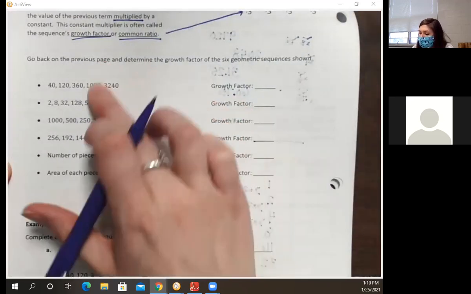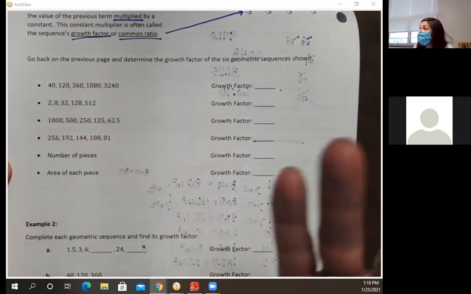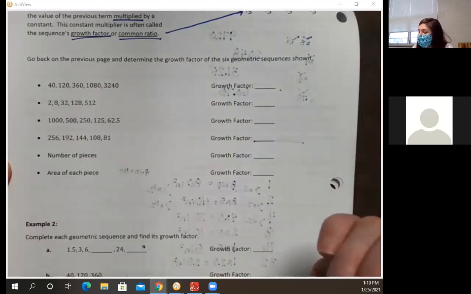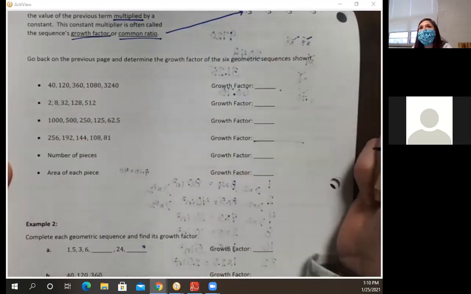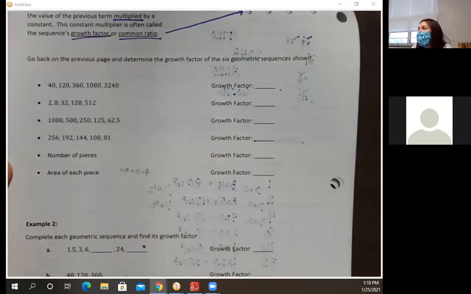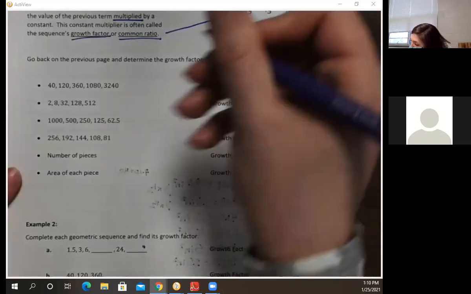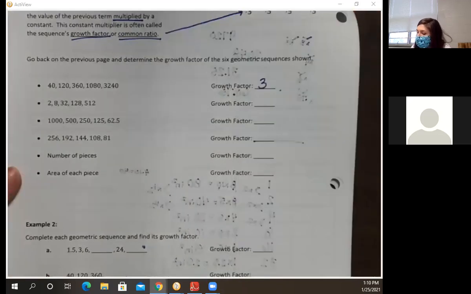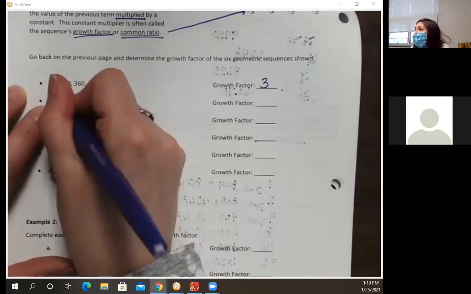So we've got a chunk of sequences here that we actually saw on the top of the last page. And I want to know this time, what's the growth factor? So how did we get from 40 to 120? We multiplied by 3. So 3 is our growth factor. How did we get from 2 to 8?